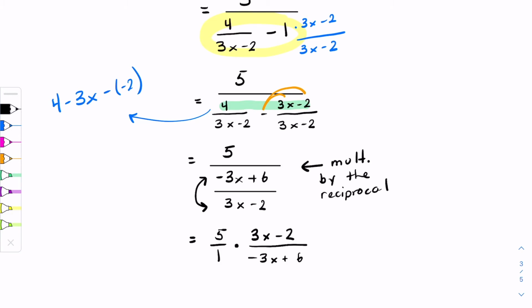We're going to multiply the numerators and the denominators together. Make sure you use that distributive property in the numerator, giving us the final simplified function of 15x minus 10 over negative 3x plus 6. This is your composite function, so this is f of g of x.